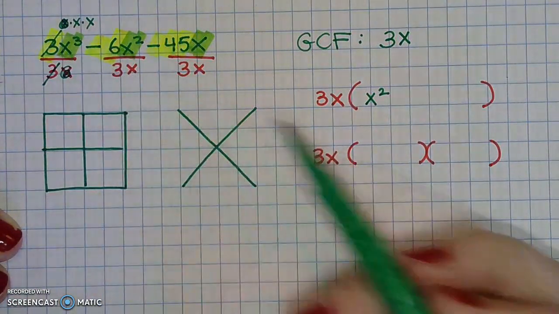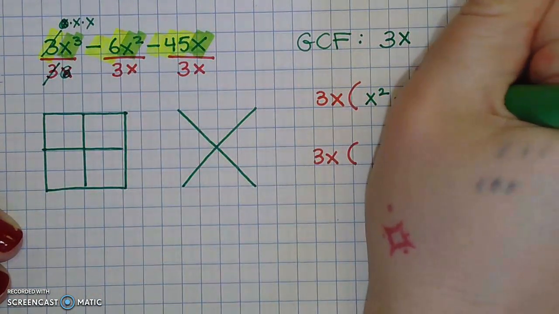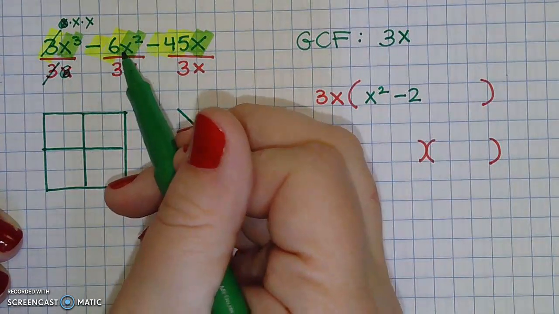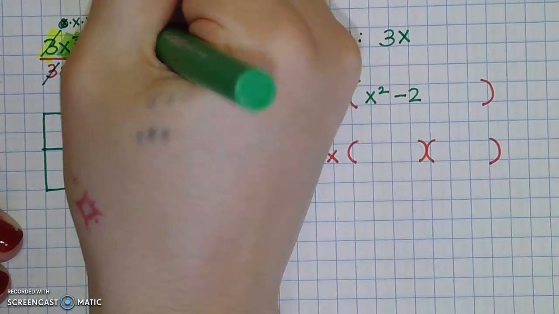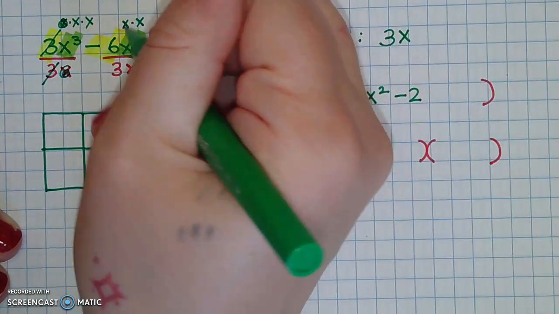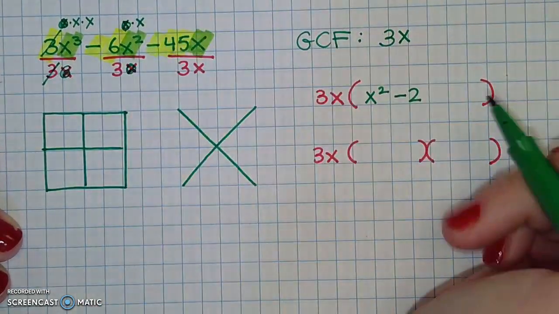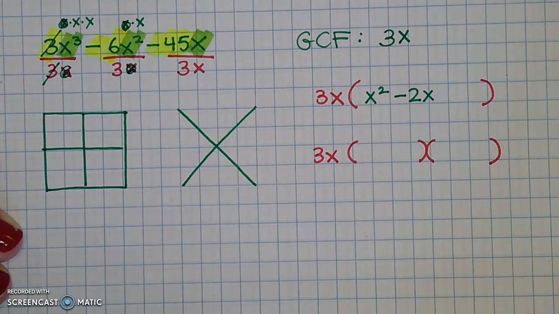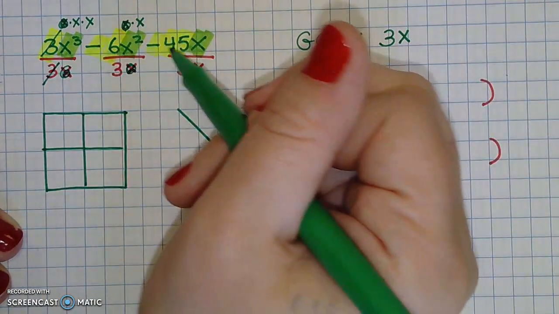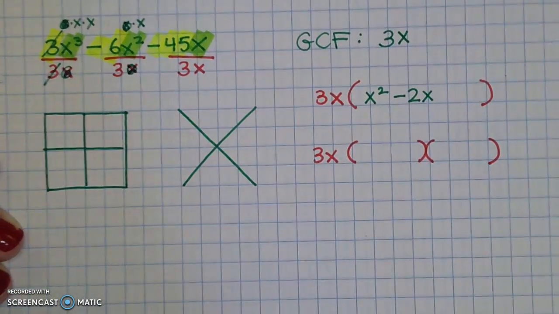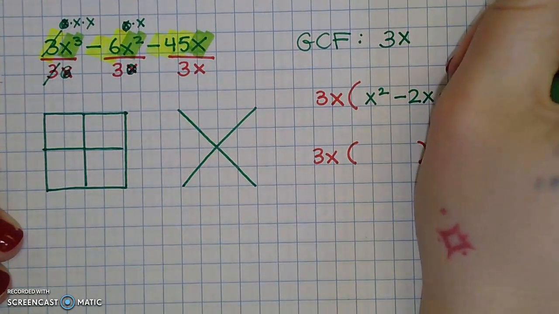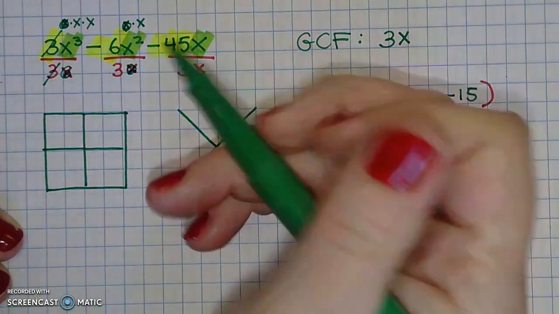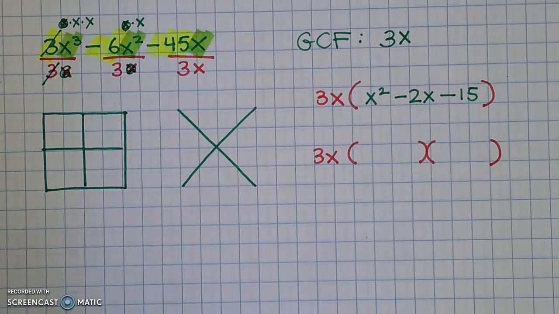Next, negative 6 divided by 3 is a negative 2. And x squared divided by x, again, think x times x. We scribble away one of the x's, so we're just left with 1x there, x to the first power. And then finally, negative 45 divided by 3 is negative 15. And we see the x's would cancel each other out.